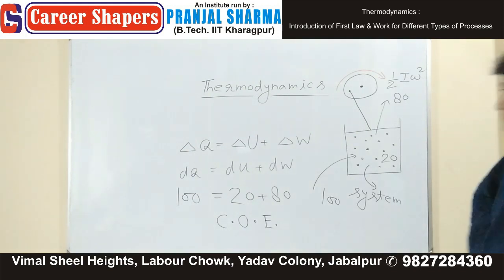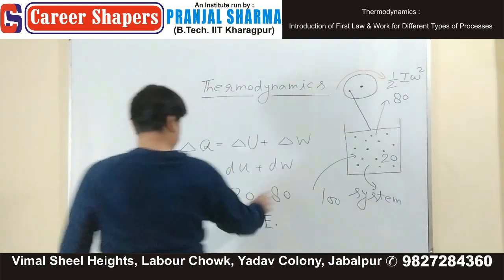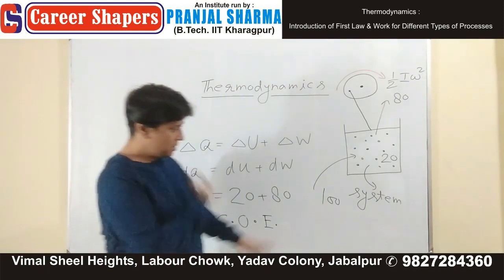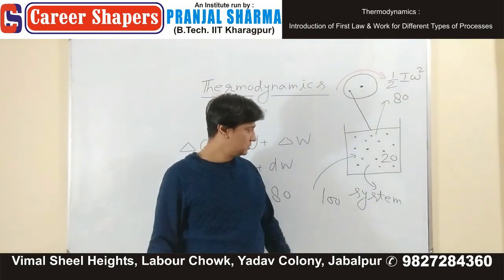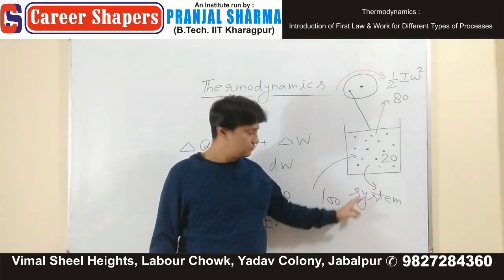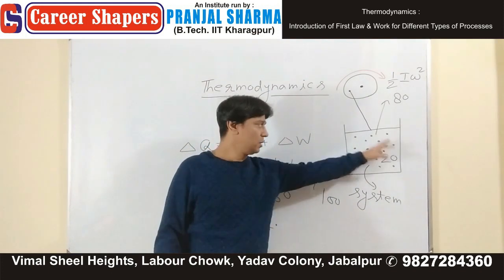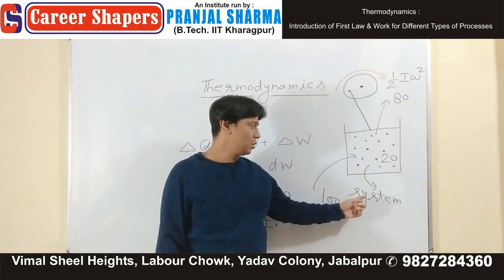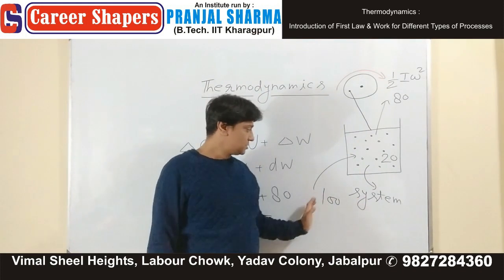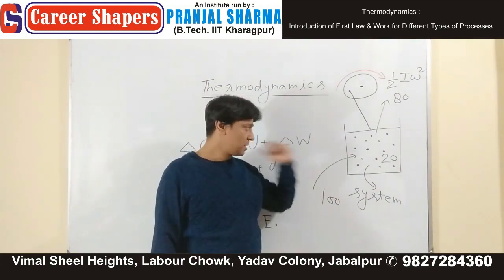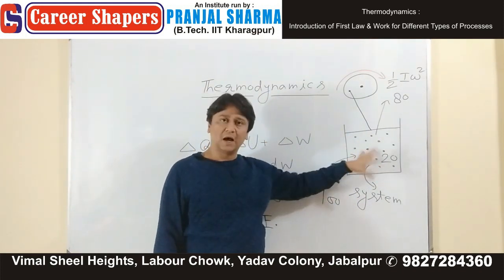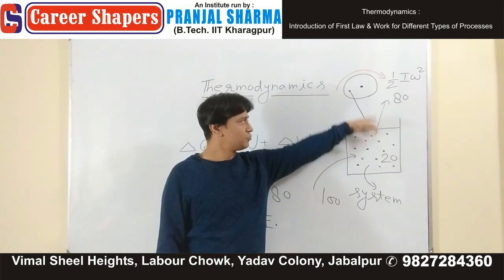Good. Note down these values for your understanding and show these arrows. This arrow is for the system part. All gas molecules collectively, they are called what? System. So 100 is given, 20 is held by the system, 80 is released.